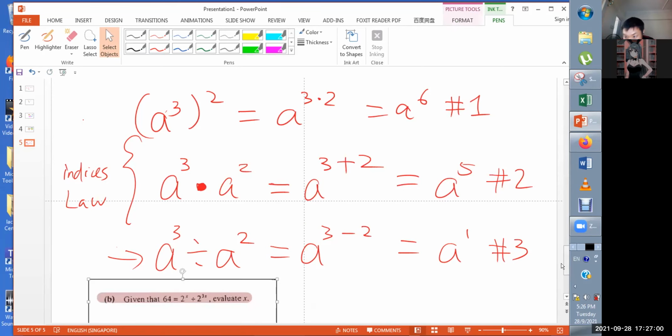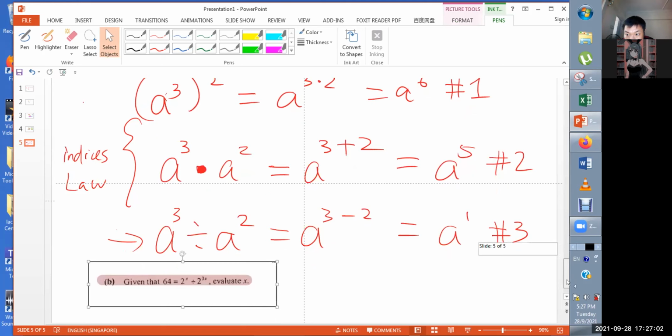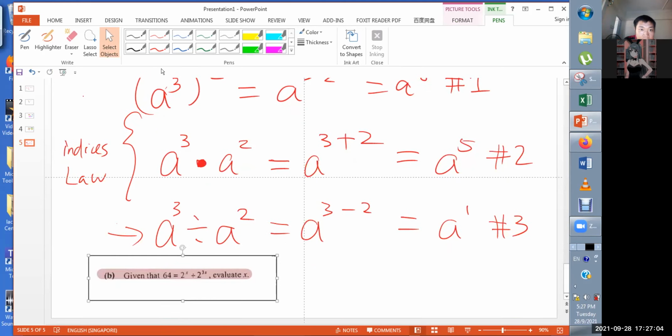Can you see the right hand side here? This is 2 to the power of x divided by 2 to the power of 3x. Can you see that?